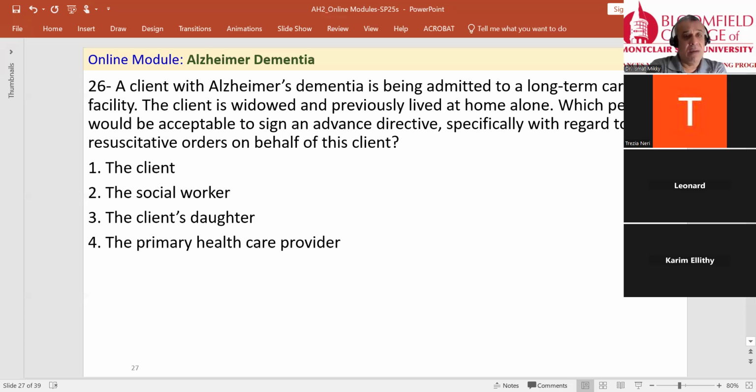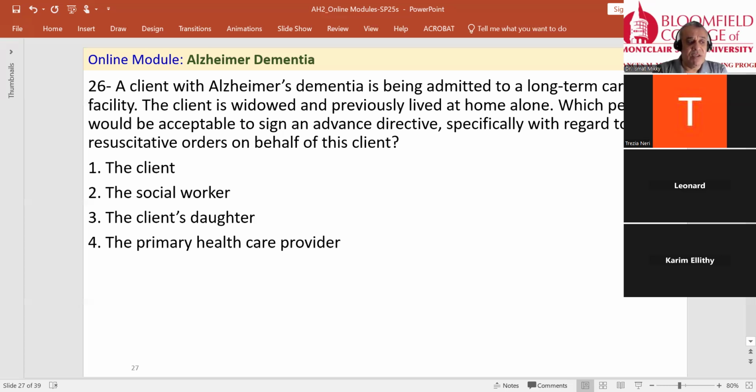Number 3. Yes, exactly. Advanced directives are a written document recognized by state law that provides directions concerning the provision of care when the client is unable to make his or her own treatment decisions or choices. The two basic types are the living will and the durable power of attorney, the POA.